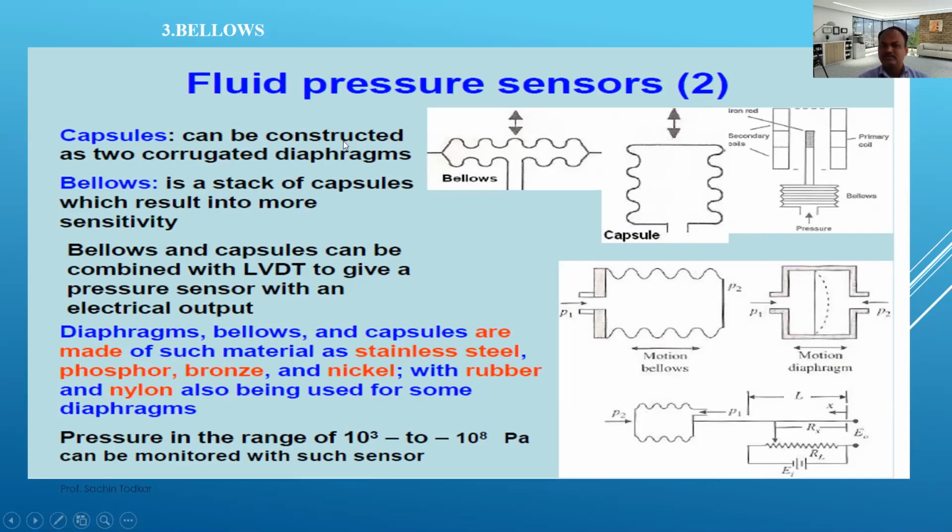A capsule can be constructed from 2 corrugated diaphragms, and a bellows is a stack of capsules, which results in more sensitivity. If I use more capsules in series, then there will be more sensitivity in that particular pressure gauge. Bellows and capsules can be combined with an LVDT to give a pressure sensor with an electric output.